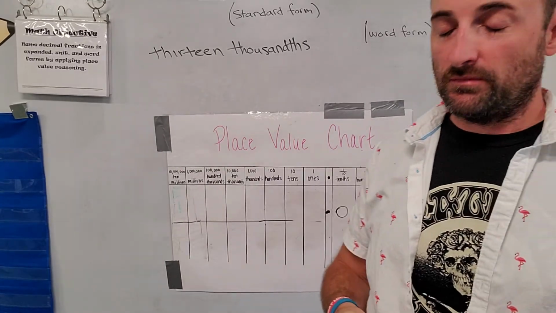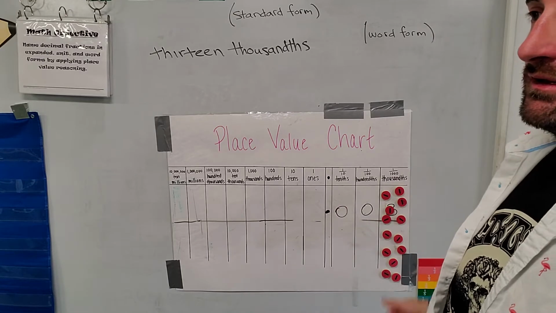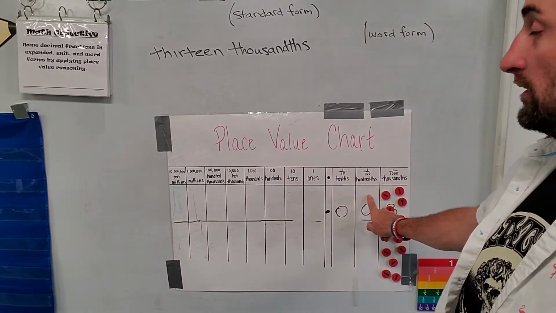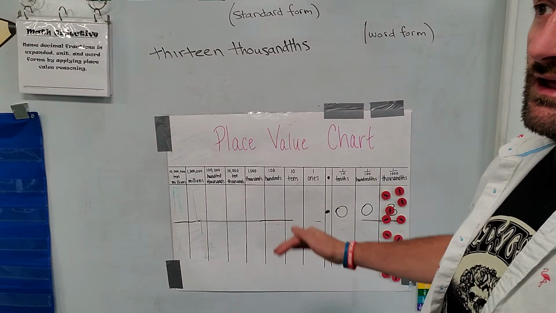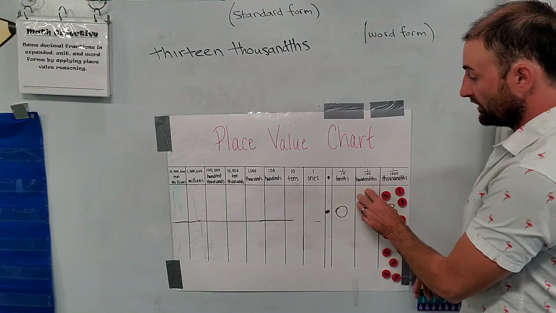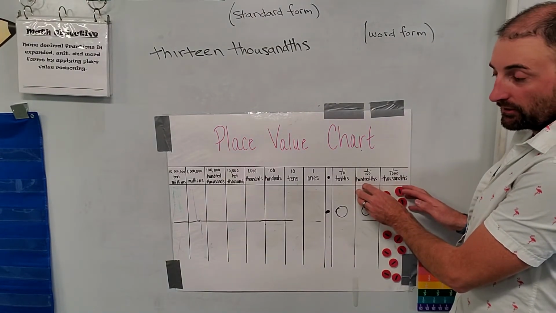If you remember from last year, when you have a group of 10 in one of these place value charts, you can cache those 10 in and it creates one group in the place to the left. That's because the hundredths is 10 times greater. So it takes 10 thousandths to make 1 hundredth.